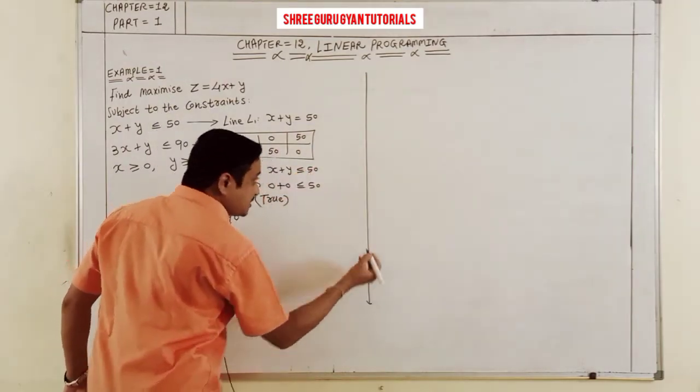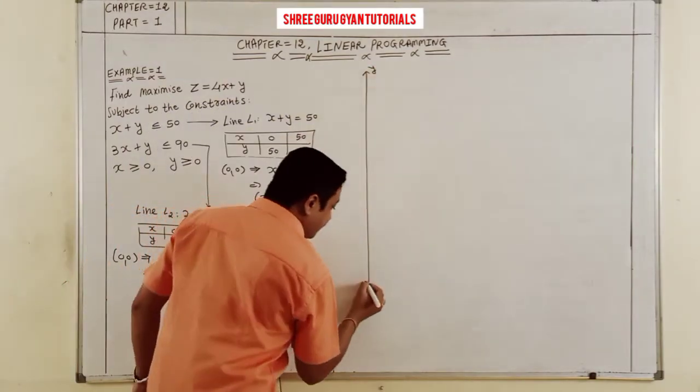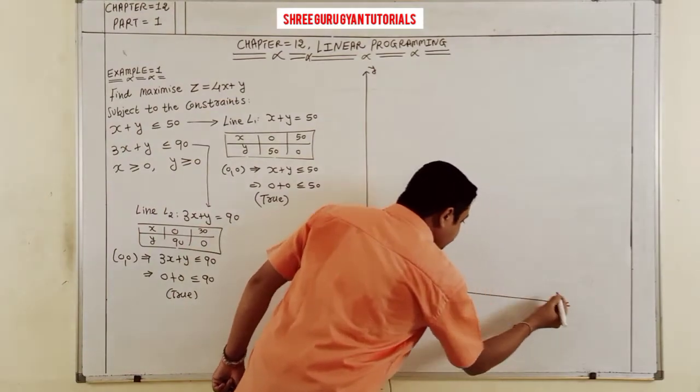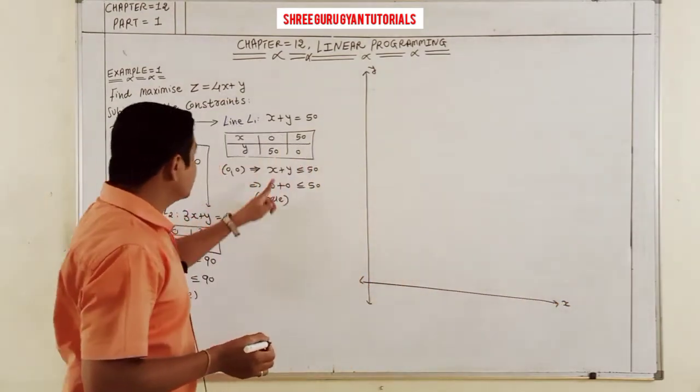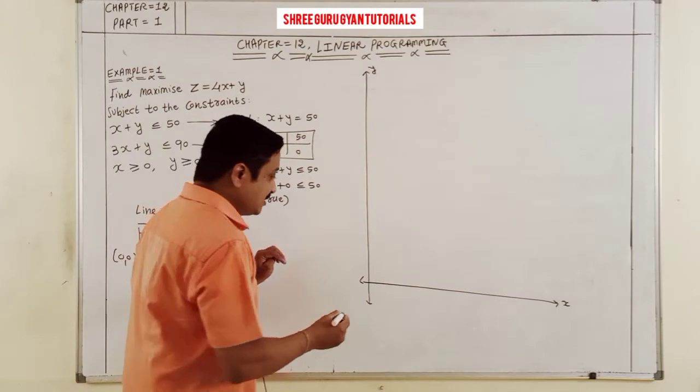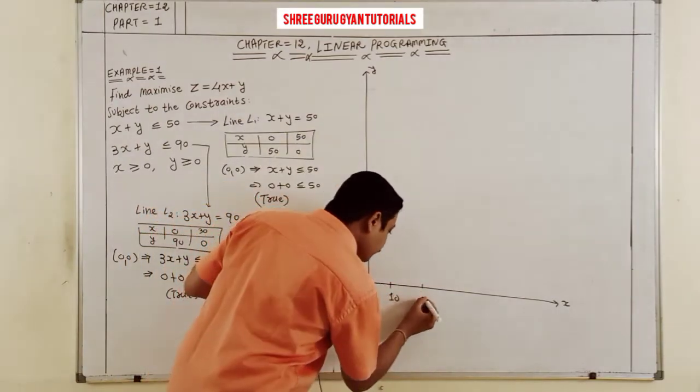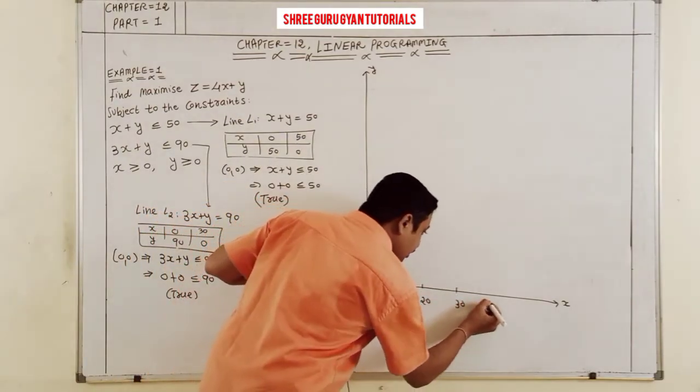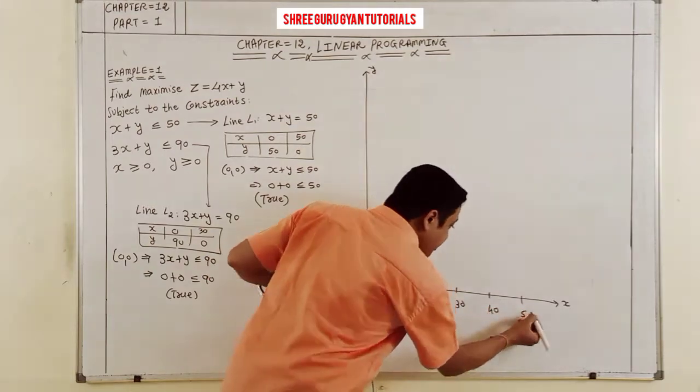That's your x-axis and y-axis graph. It's very easy and simple. On the x-axis the values are 50 and 30, so I will take 10, 20, 30, 40, 50.